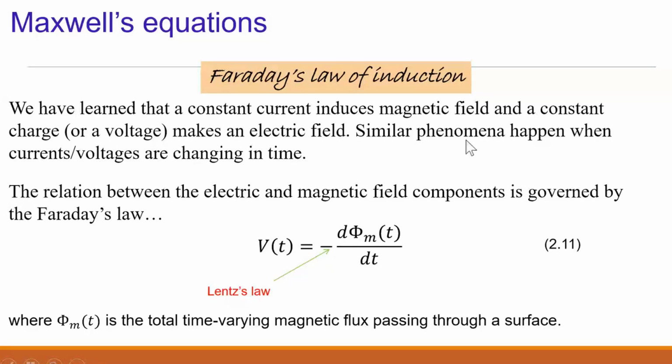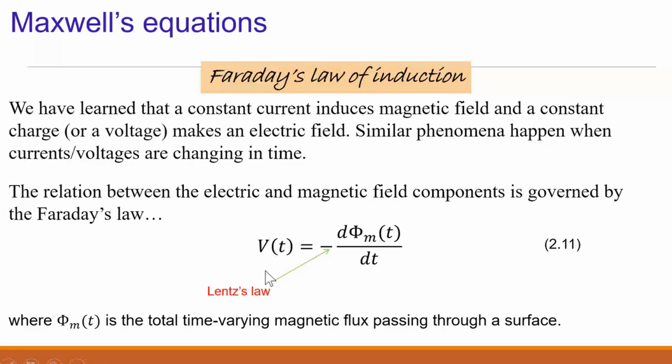The relationship between electric and magnetic field components is governed by Faraday's law. Faraday's law states that whatever voltage or EMF is induced because of a changing magnetic field depends upon the rate of change of flux with respect to time.